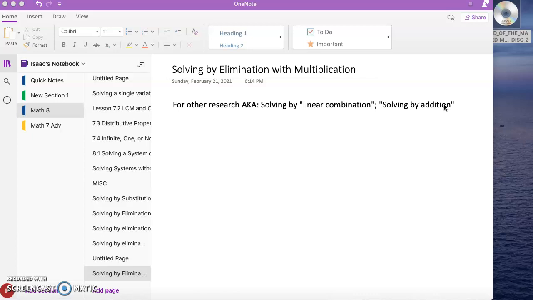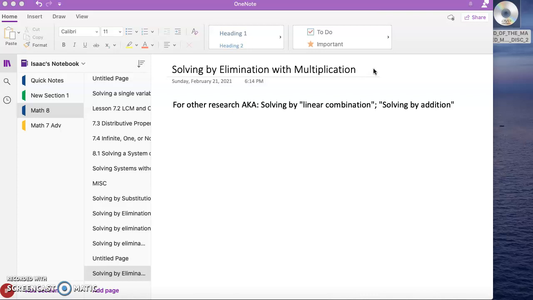I don't know why they give it so many names, but they do, and some videos are under any one of the three. It can be called solving by elimination, linear combination, or solving by addition. For your notes, I'd say title these ones solving by elimination with multiplication. That's a good general description of this.